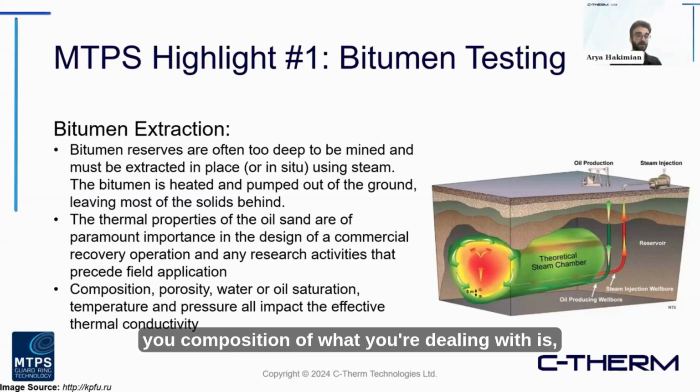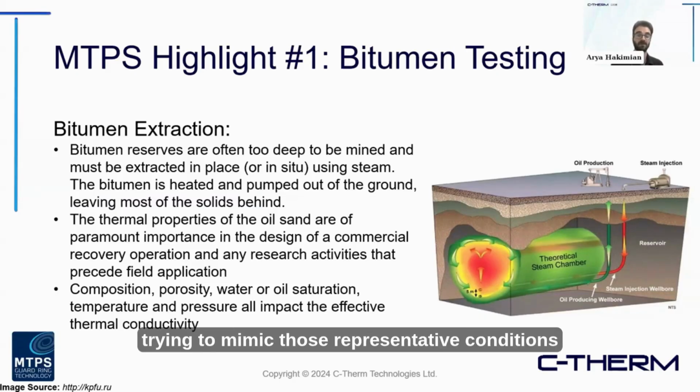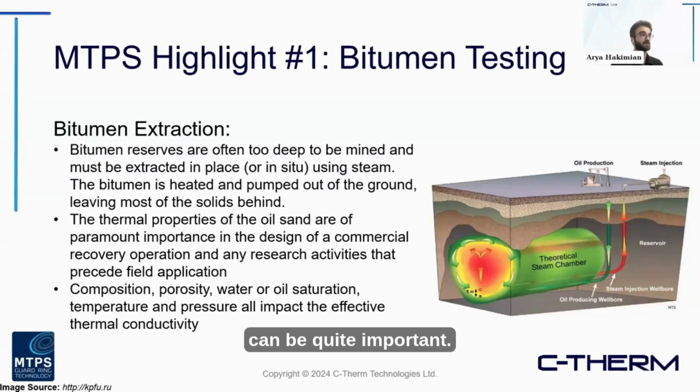Also, the composition of what you're dealing with: is it saturated? Is it dry? These can all impact how effectively these materials can be obtained. So again, trying to mimic those representative conditions can be quite important.